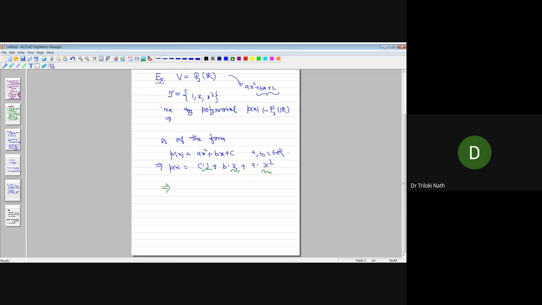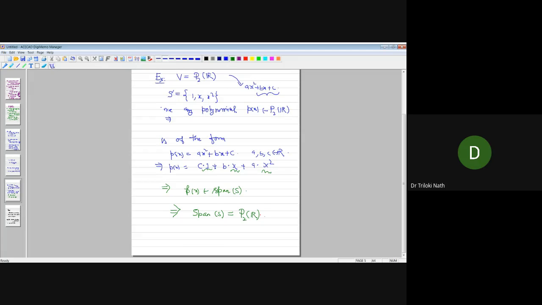We have proved that this p(x) belongs to span of S. That means every vector of P2R is contained in span S. And this implies that V is contained in span S. So therefore, automatically, span of S is nothing but the whole space P2R.